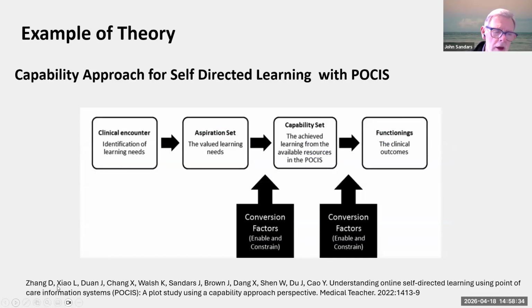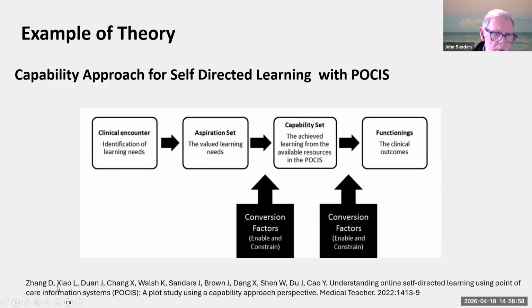You can also use particular theory. So, for example, we did some work with some Chinese colleagues looking at self-directed learning with point-of-care information systems. And we adopted a theoretical framework called the capability approach.